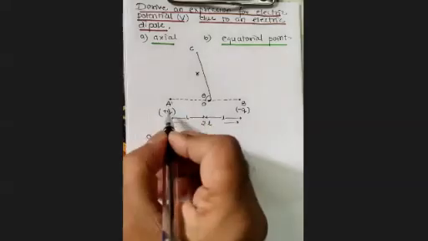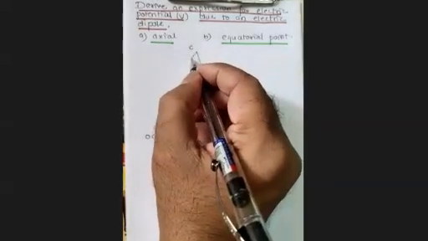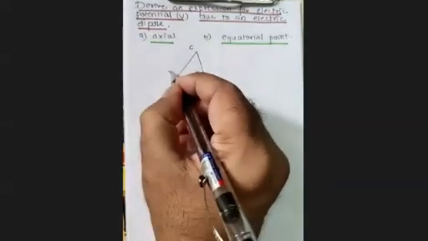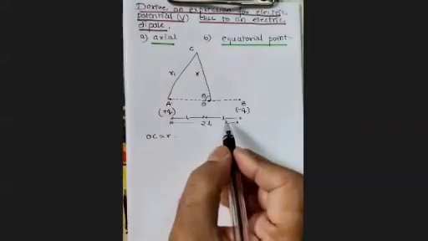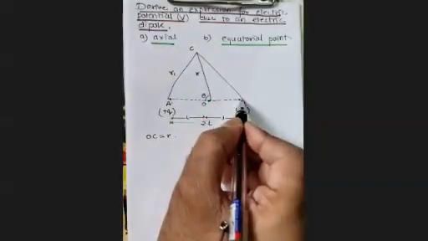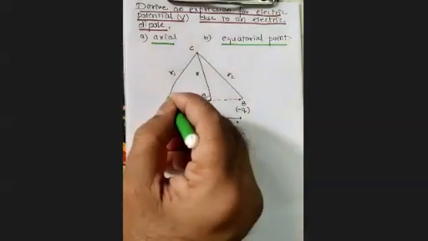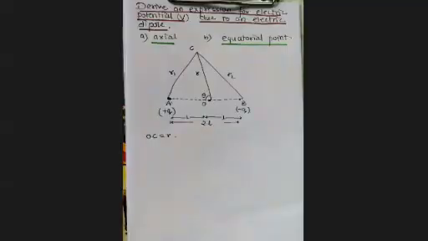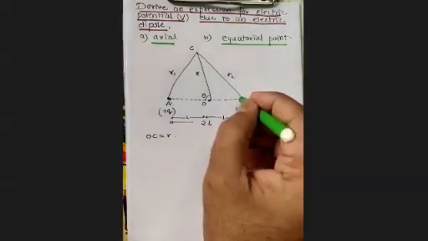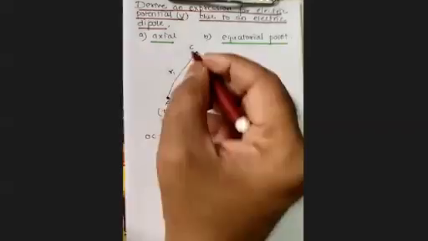Now the charge positive Q is at a distance of R1 from C, and point B is at a distance of R2 from C. This is point A, this is point B, and this is point C.